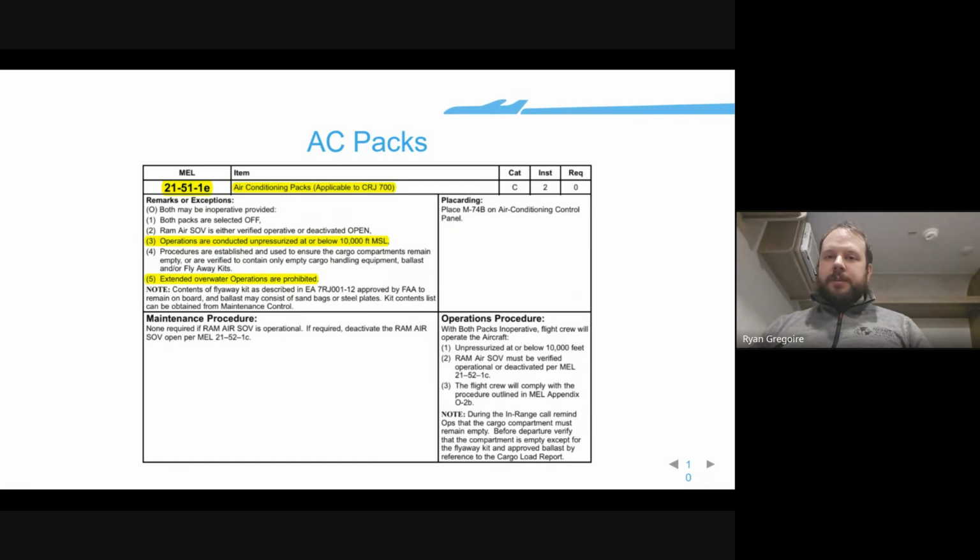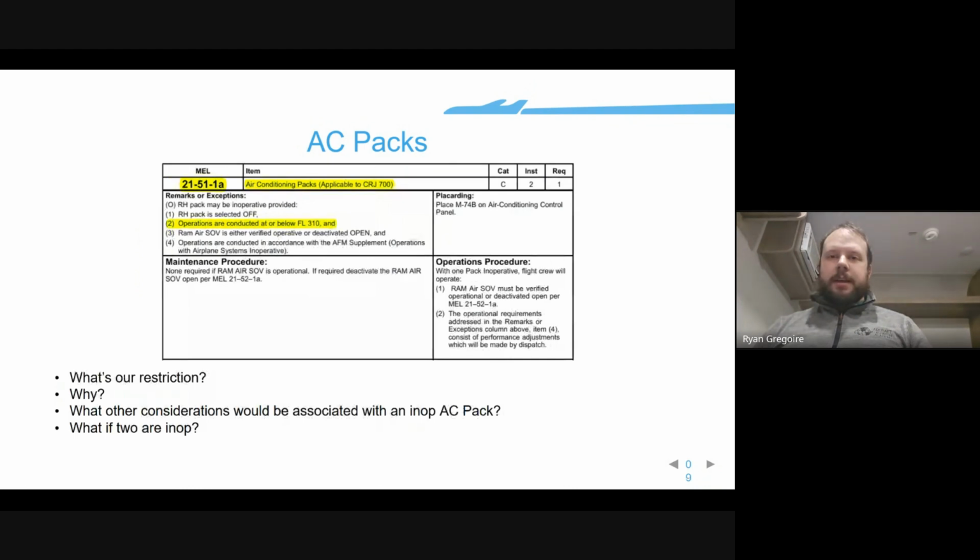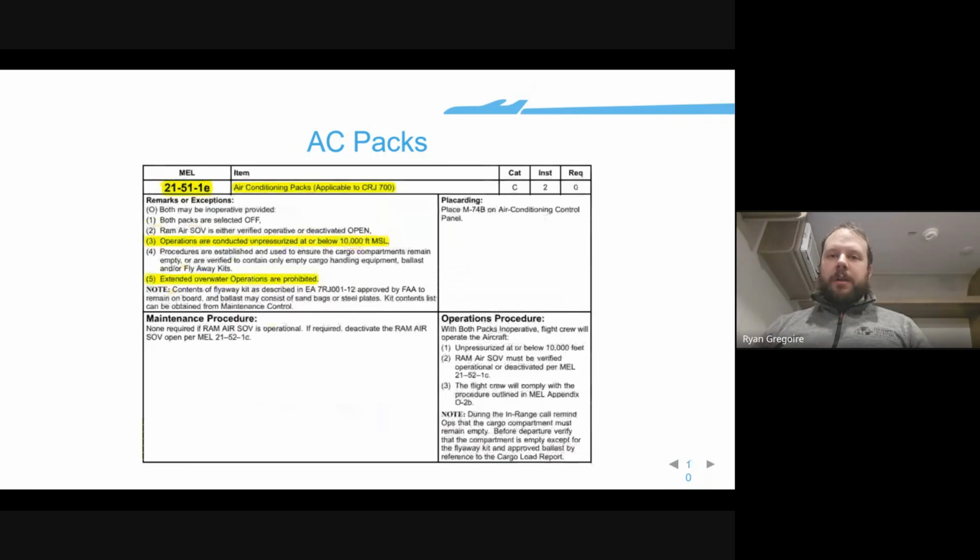So with AC packs, we saw what it looks like if one pack is inop and what it looks like if both packs are inop. So we can see that there are multiple MELs that will pertain to the same system. And it could just be a difference of what on that system is broke, or how many of that system are broke, or in what way they are not functioning, that different MELs may apply to the same system.